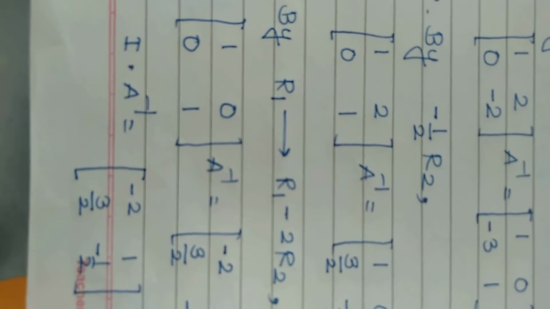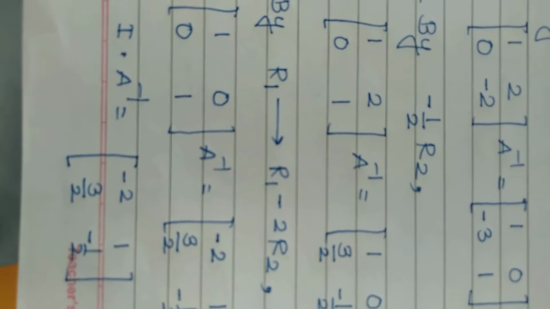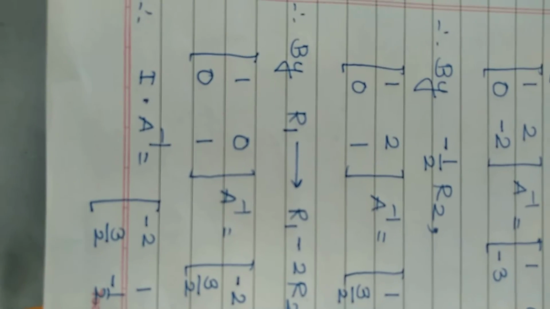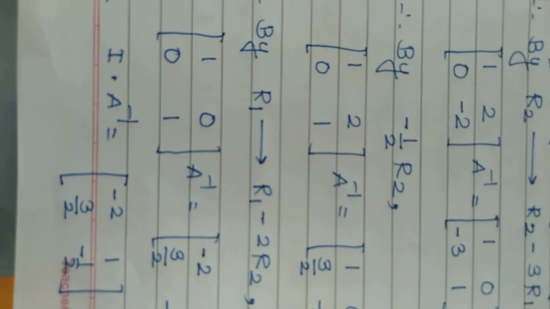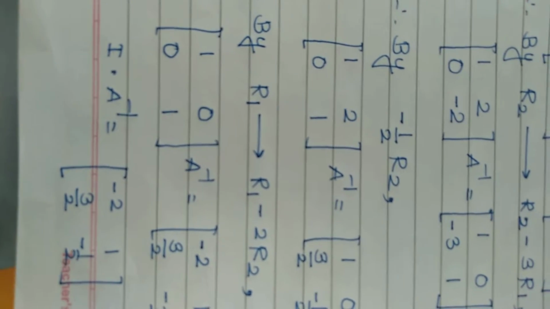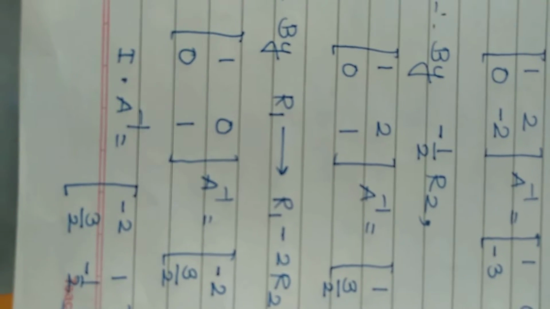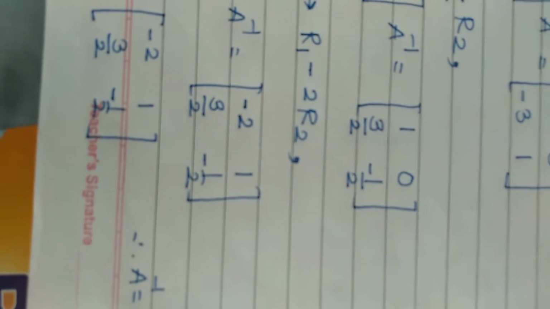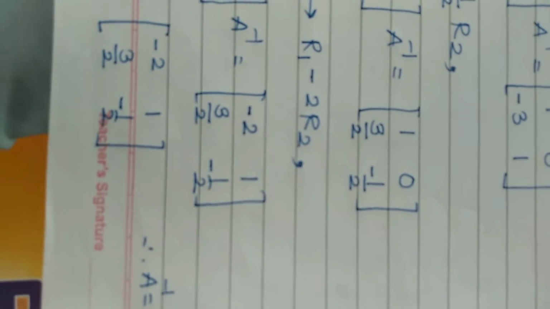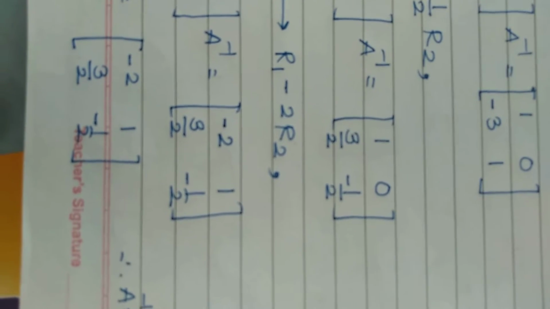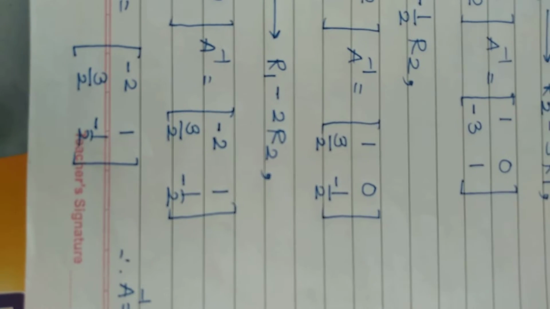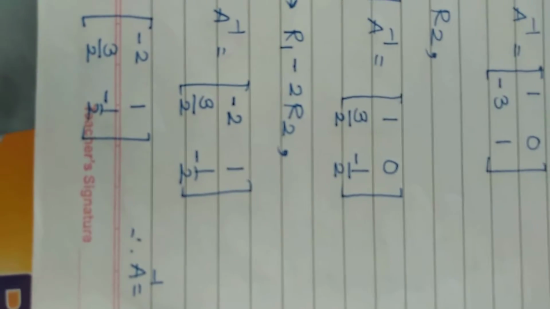So using R1 minus 2 R2, that means multiply R2 by the constant 2 and subtract from R1. So 1, 0, 0, 1. Then 1 minus, it becomes minus 2 and the next one is 1.